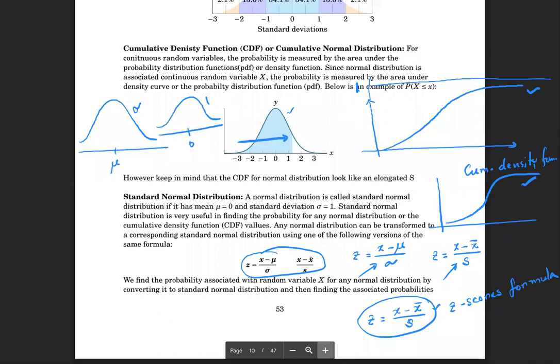Now, whenever you see the term Z in this class from now on, you should be thinking of the standard normal distribution. Remember, the standard normal distribution has a mean of 0 and sigma of 1.